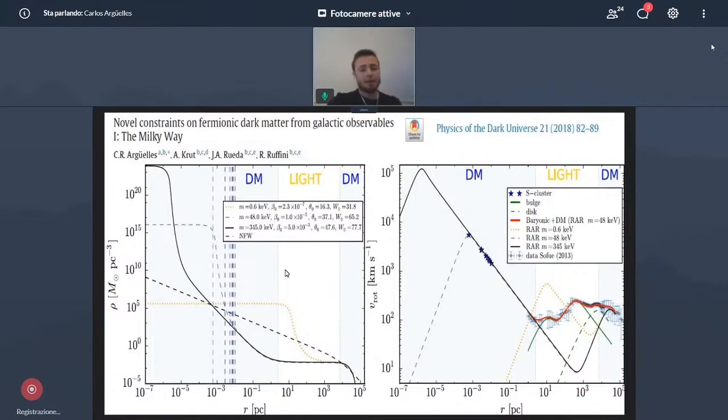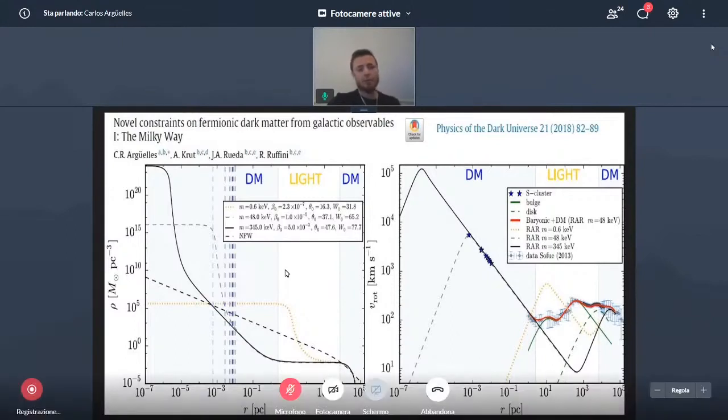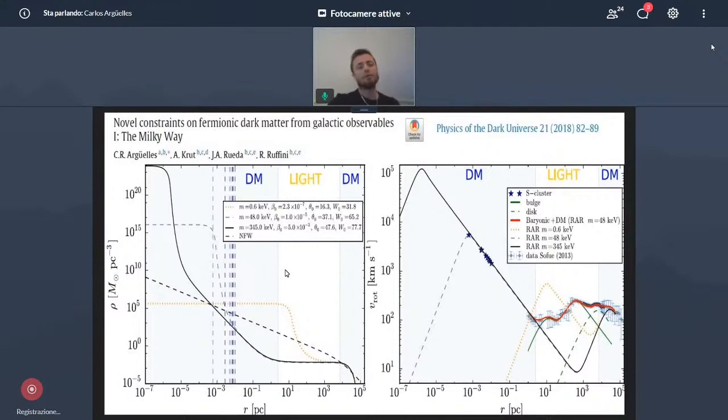But there is a range of particle masses between 48 keV and 340 keV, between the black and the dashed gray, which, when you see the picture on the right, can fulfill the overall rotation curve data and also explain the dynamics. The first blue star here is S2; these are the other 7 best constrained stars.